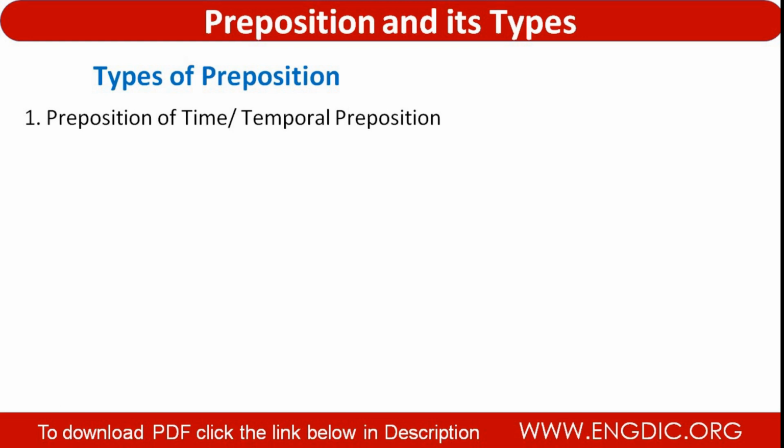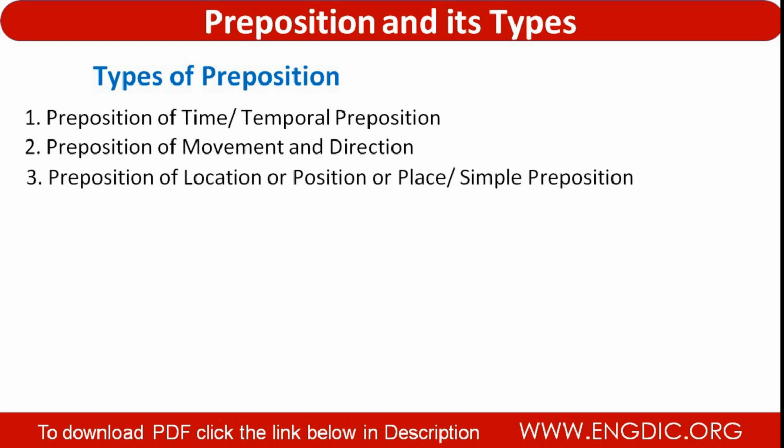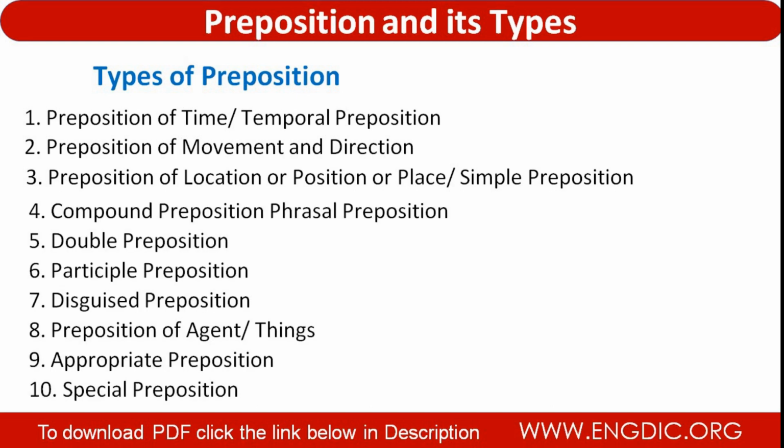Number 1. Preposition of time or temporal preposition. Preposition of movement and direction. Preposition of location or position or place, or simple preposition. Compound preposition or phrasal preposition. Double preposition.